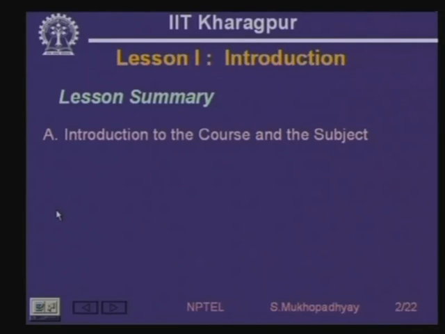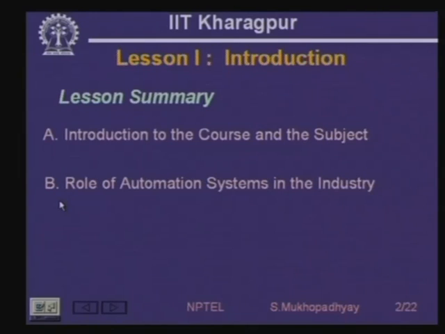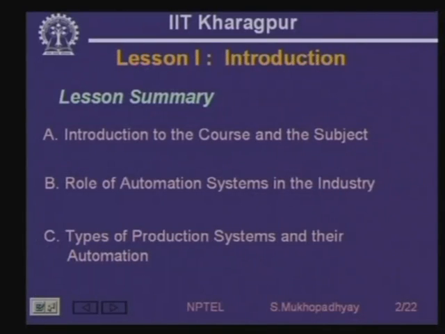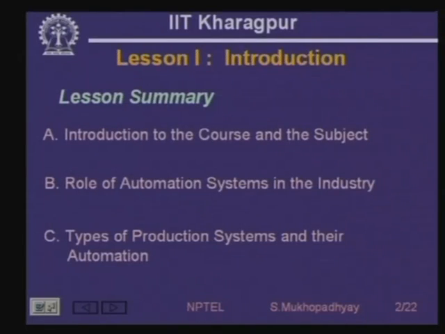Having done that, we shall examine the role of automation systems in the industry, what it does to a factory, why it is considered so good, why it is found so widely in all types of factories, how it can generate money, and then we will look at the various types of factories and the various types of automation systems which are suitable to these respective types of factories. So, that is what we are going to do in this lesson, broadly speaking.